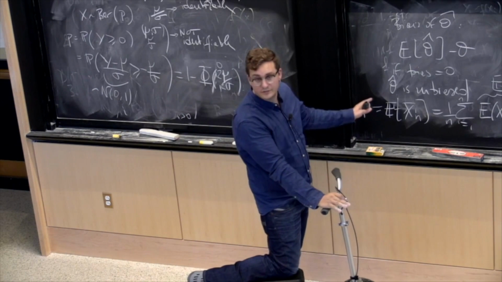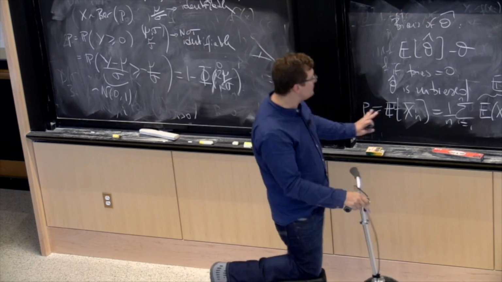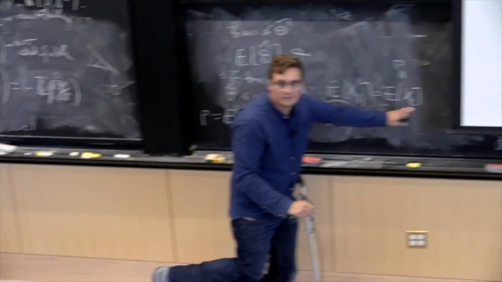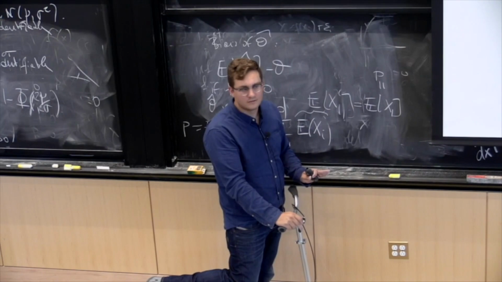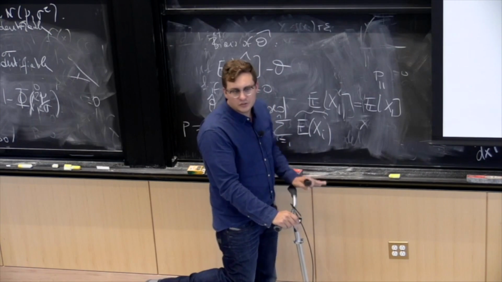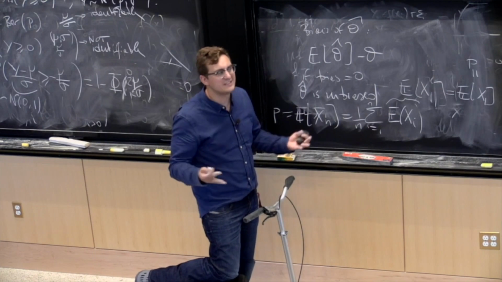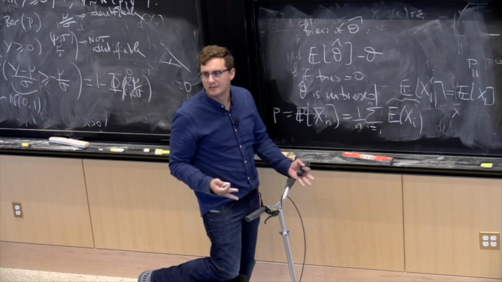So those two things are the same. In particular, that means that Xn bar and just X1 have the same bias. So that should probably illustrate to you that bias is not something that really is telling you the entire picture.